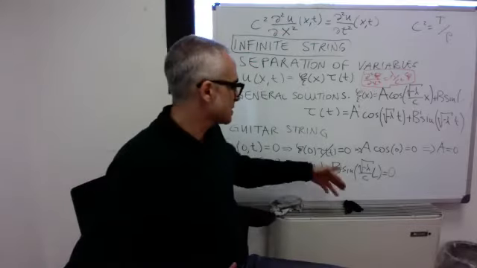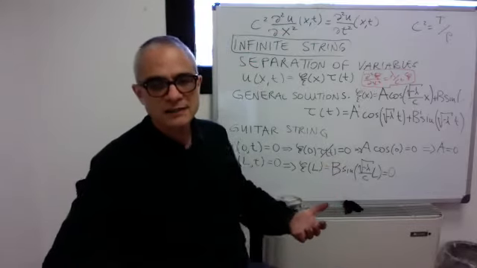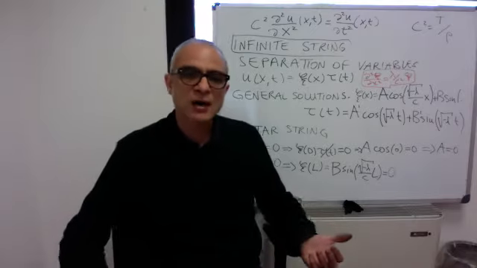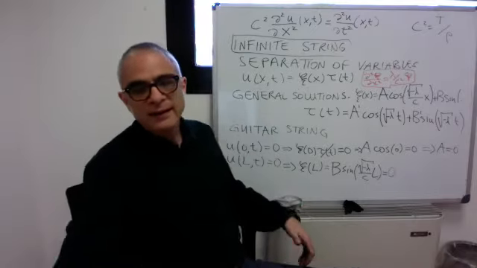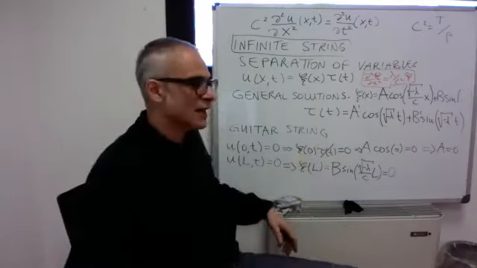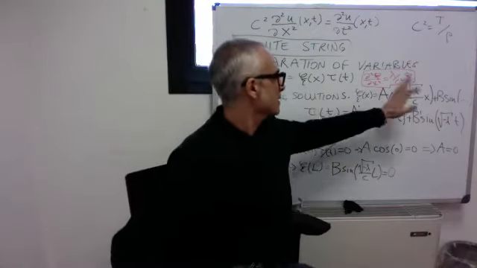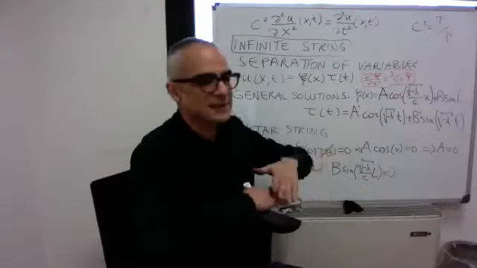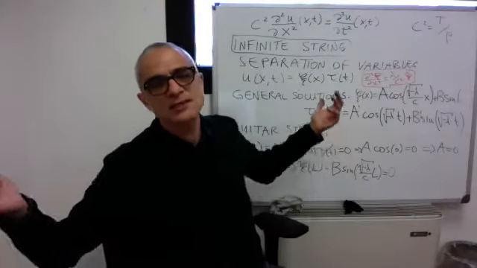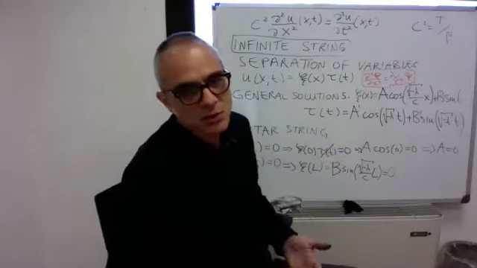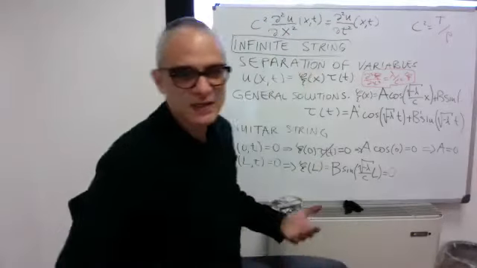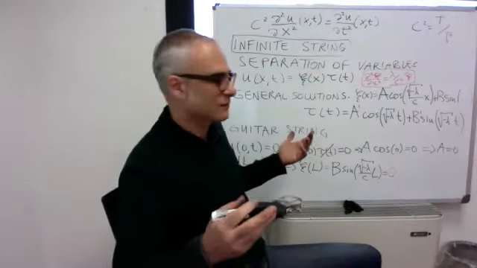Yes, b equals 0 satisfies this equation. So if b equals 0, I have a solution. But again, that's called a trivial solution. If both a and b are 0, everything goes to 0. Psi is identically 0. The string is not moving. It's not a big discovery. The string is physically allowed to stay still if nothing happens to it.